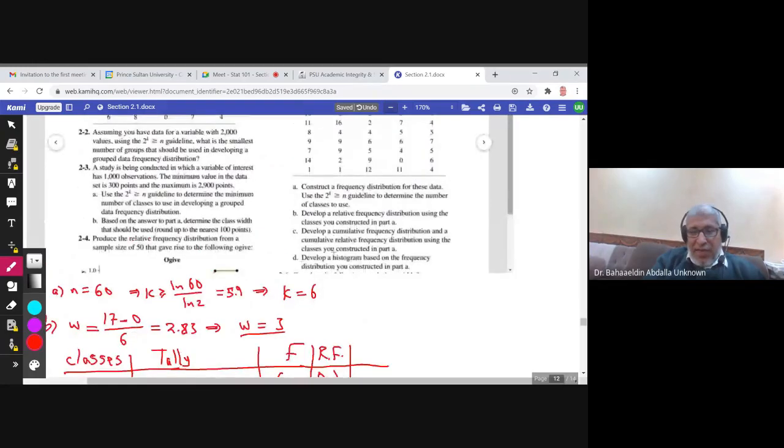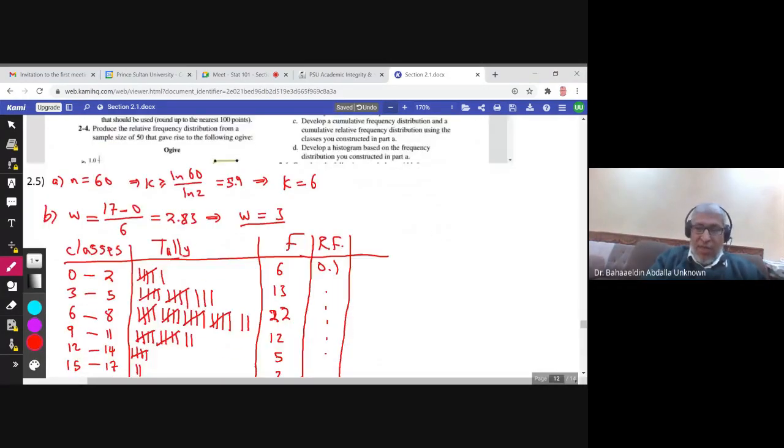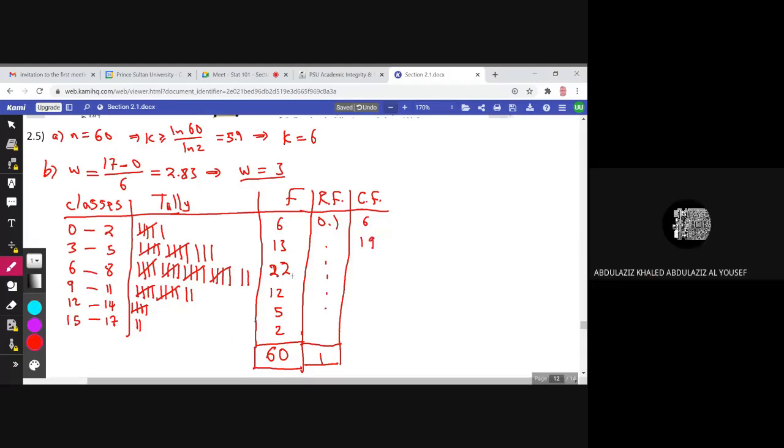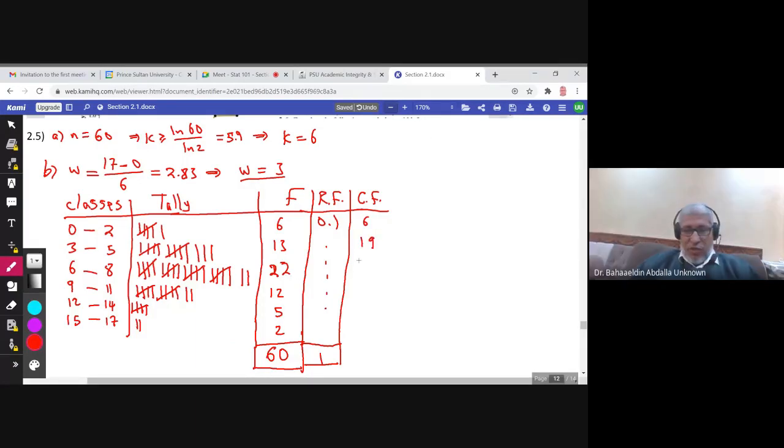Part C: develop a cumulative frequency distribution and a cumulative relative frequency distribution using the classes in part A. So I need to find the cumulative frequency, which starts at 6. I add the 13, I add the 22, it would be 41.